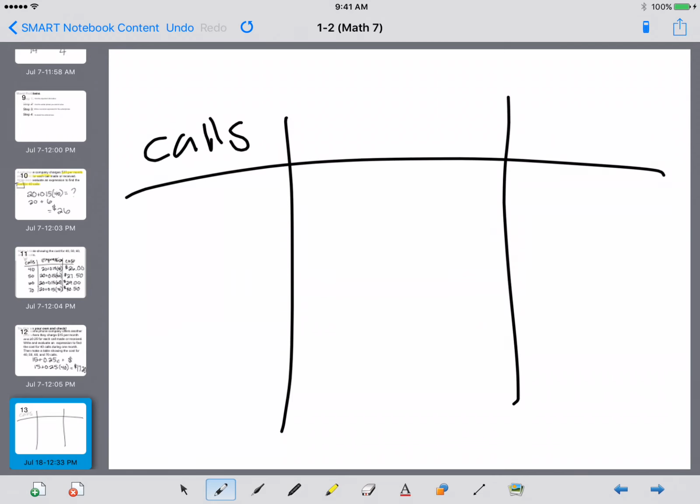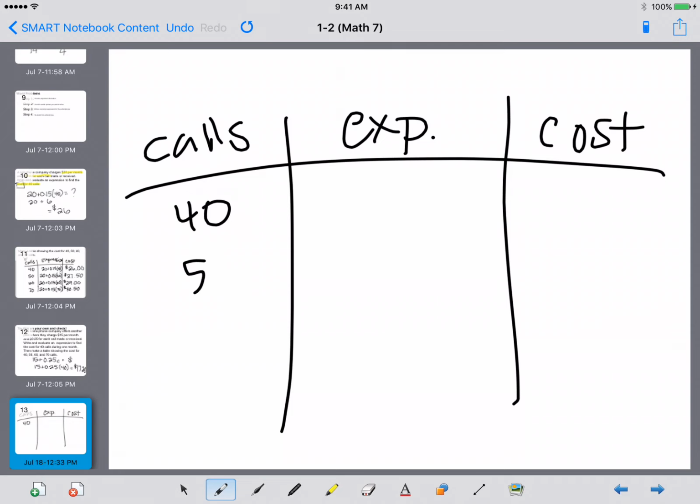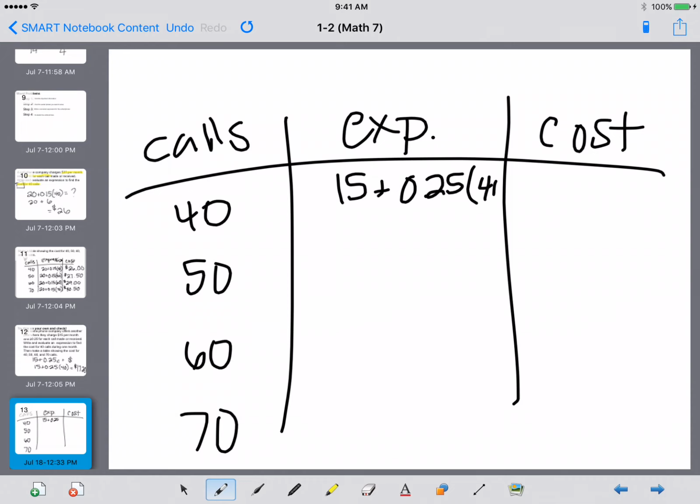Calls, expression, cost. 40, 50, 60, 70. We had 15 plus 25 cents per call, which was 40 calls here, and the cost was $17.20.